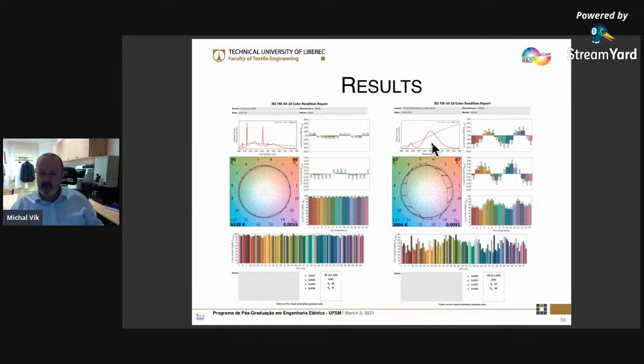Here you can see the typical problem of blue pumped LEDs with one phosphor: a desaturation, because here and here we have less energy and colors appear much duller in comparison to the reference light source, and partially we have some energy above the energy of the reference light source.